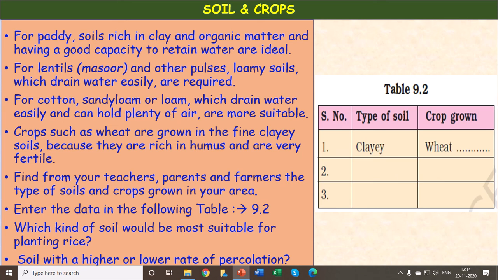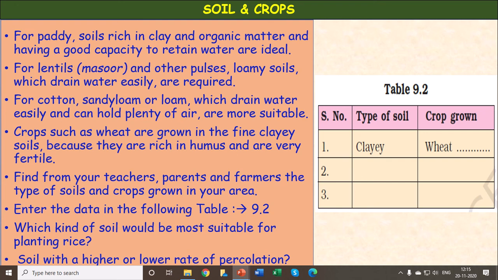So you can fill this table by collecting the data from your parents, from the teachers, and by having a case study with the farmers. Visit the farmhouse and discuss with them the type of soil and the crop grown.